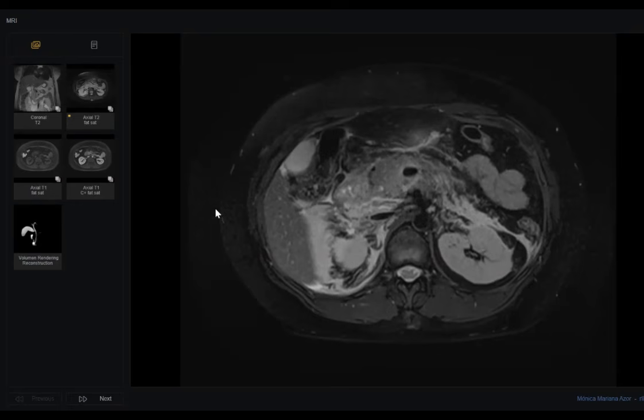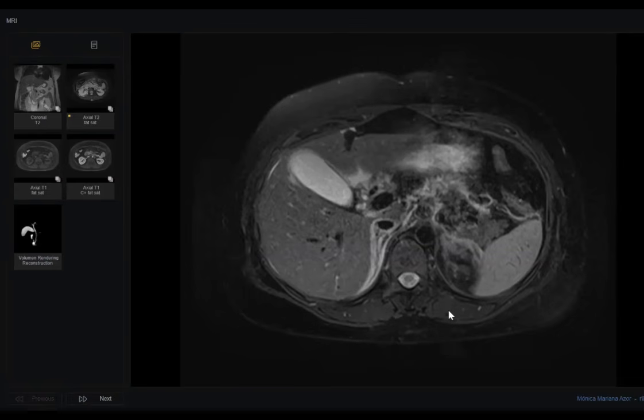So I can appreciate that there are inflammatory changes noted in the peripancreatic region and in the right perinephric area. There is fat stranding. Gallbladder and liver appear unremarkable to me. Spleen is normal.